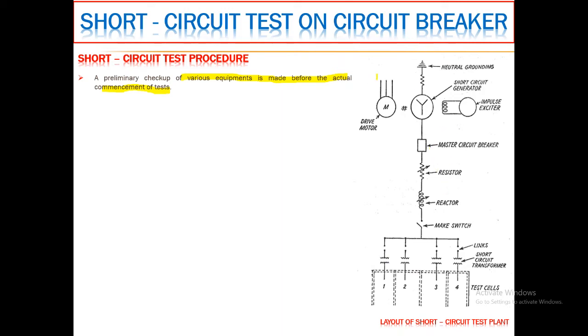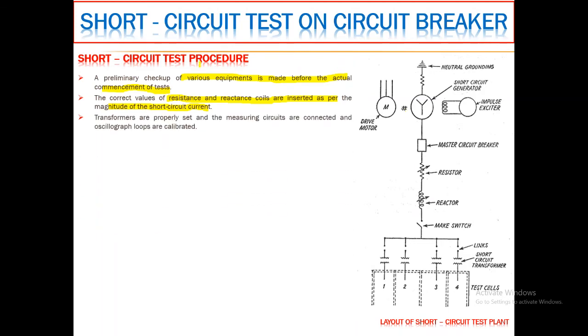So first, you have to satisfy yourself with the connections. The correct values of resistance and reactance coils are inserted as per the magnitude of the short circuit current, so you have to set the values for the resistor and the inductance. The transformers are properly set, the measuring circuits are connected and oscillograph loops are calibrated.